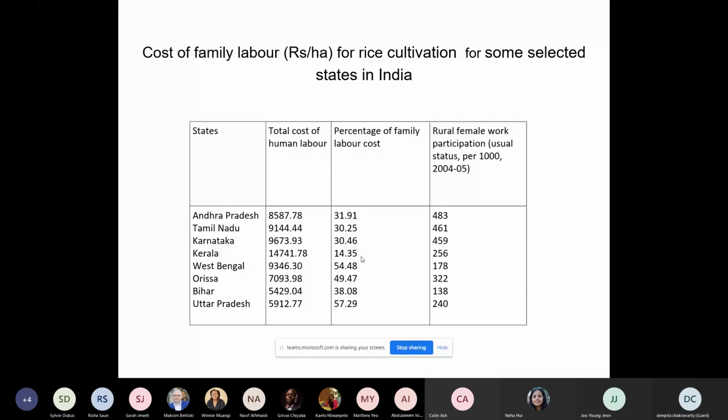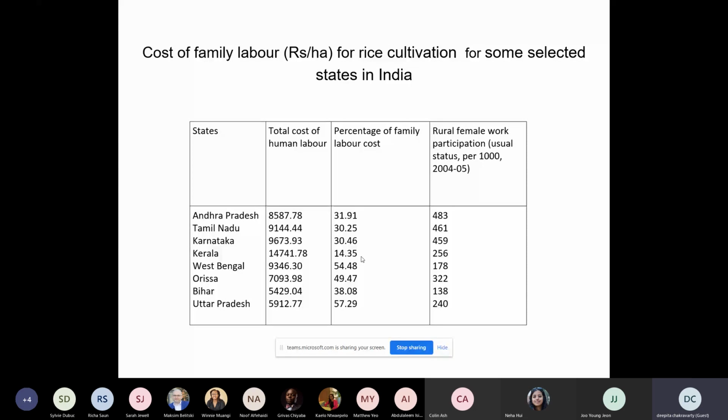But I need to talk about two more states here, not only Kerala. The other two states are Odisha and Bihar. Now, why am I picking up Odisha? If you remember Odisha's landholding pattern, I mentioned that it is quite similar to the other eastern Indian states. The incidence of landlessness is quite low.